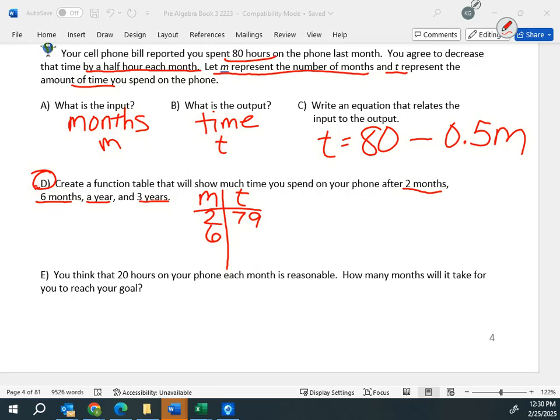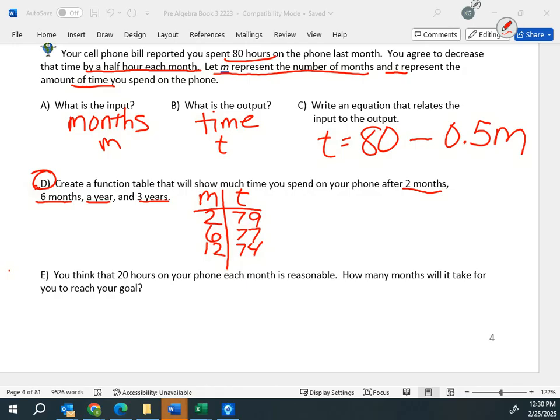So 80 minus 3 is 77. Now I have a year. What do I put for my input? Robbie? 12. 12, because there are 12 months in a year. A half of 12 is 6. 80 minus 6 is 74.